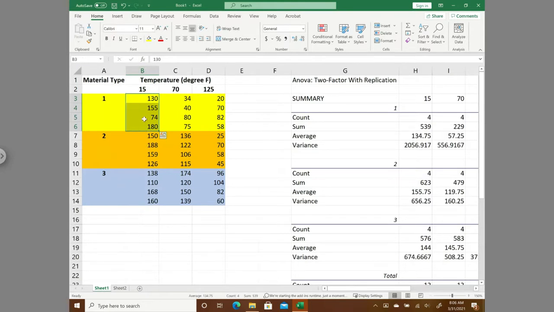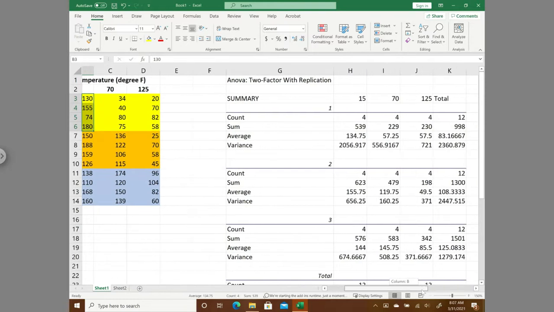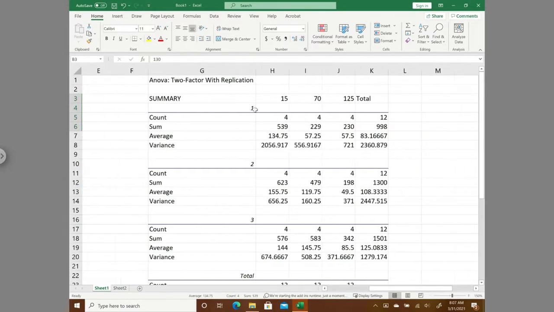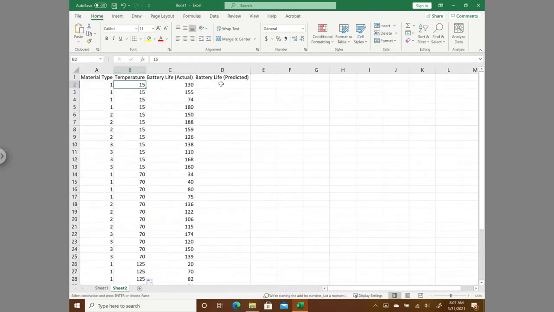We already performed four experiments, and the average of those four experiments is the best guess for a new experiment at that setting. So those are our predicted life values, right? So let's see where I can find that information. For 1 and 15, the average is here, 134.75. So I'm going to copy that and paste it here.